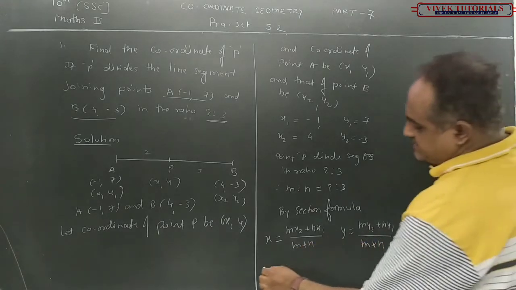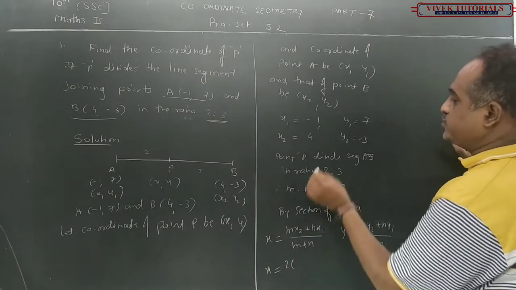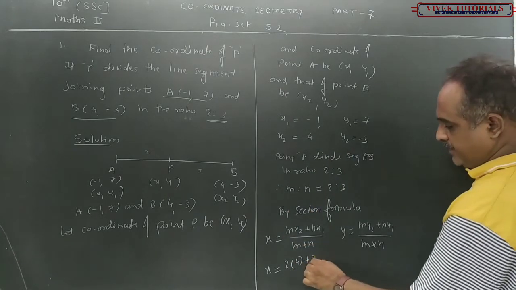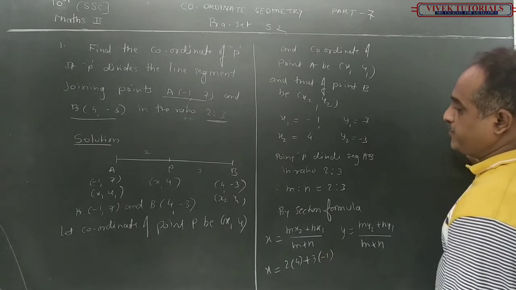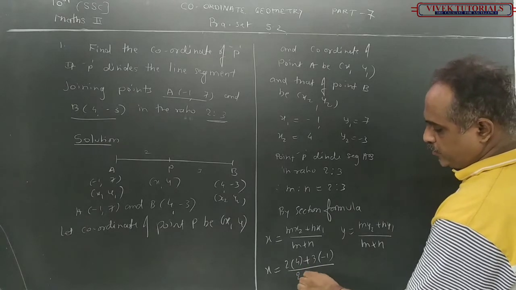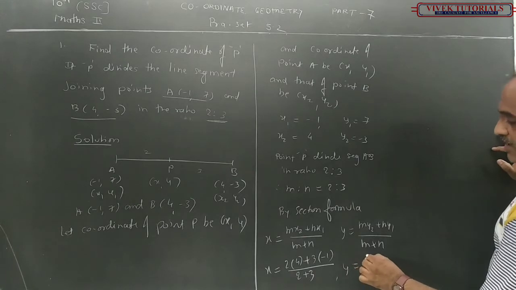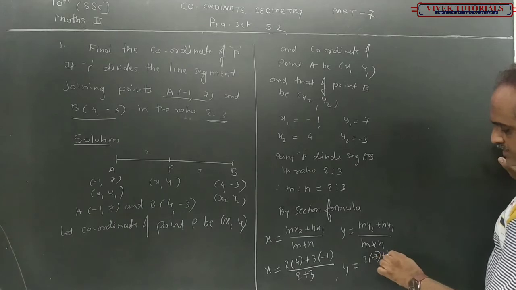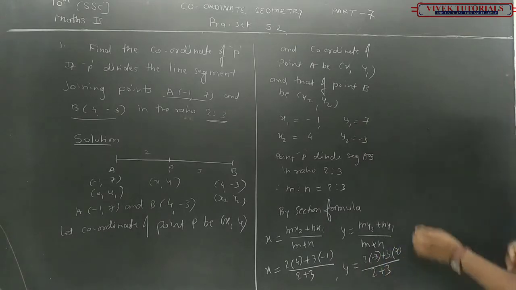So, x is equal to, the value of m is 2, the value of x2 is 4, plus the value of n is 3, the value of x1 is -1, upon 2 plus 3, and y is equal to, the value of m is 2, the value of y2 is -3, plus the value of n is 3 and the value of y1 is 7, upon 2 plus 3.